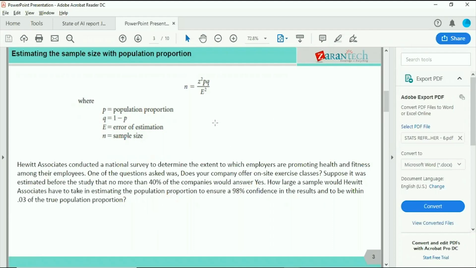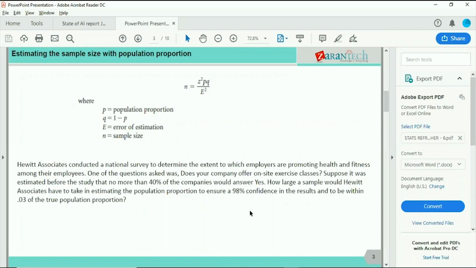What is the sample size for this, please? Can we get a value of z? What is the value of alpha by 2? 0.01.